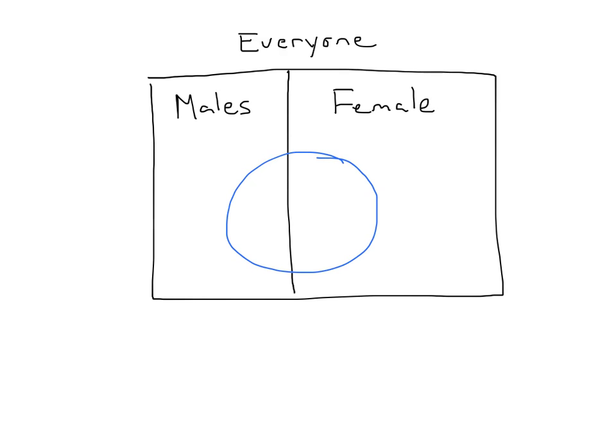And so the types of questions we were asking, well, if I ask for the probability of being blue-eyed, given that you're male, I'm asking essentially for the probability of this section inside of the male rectangle here.